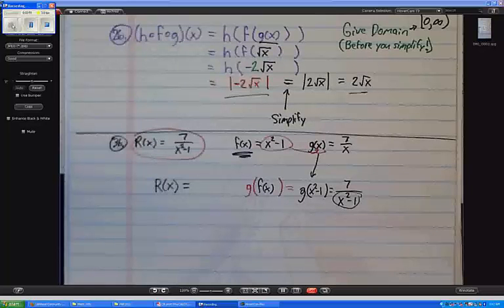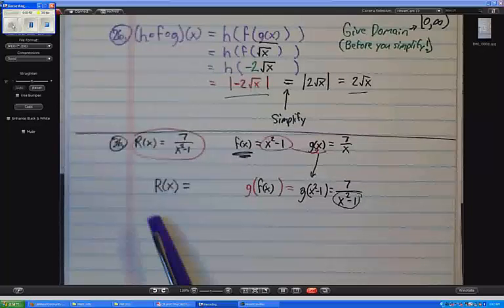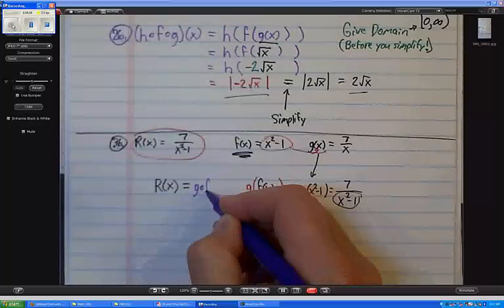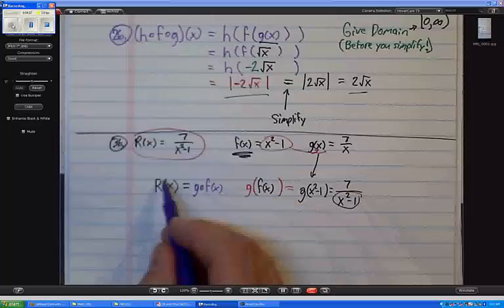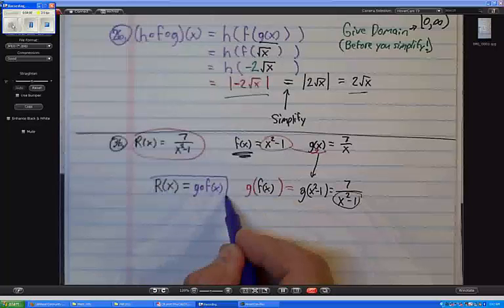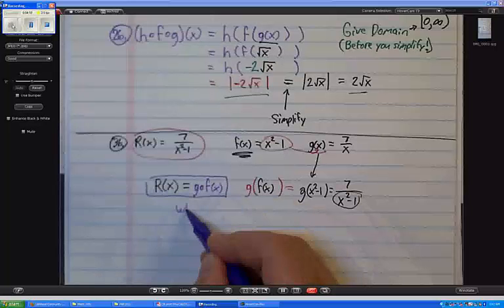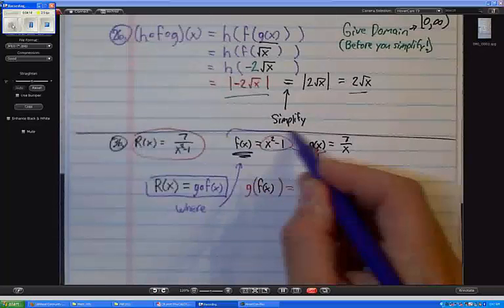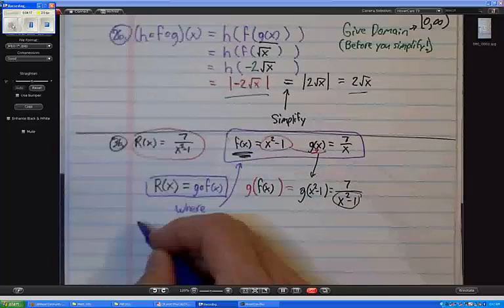And so how do I write r of x as a composition? g composed with f of x. And then I would say, where, well, I have these: f of x is x squared minus 1, and g of x is 7 over x.